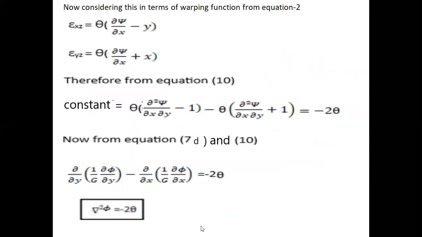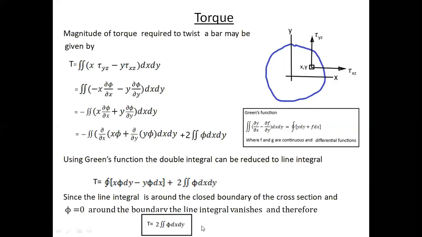So from equation 7d, we substitute minus del phi by del x for tau yz, times x, and minus del phi by del y for tau xz, times y, and dx dy. So we take the minus out and have the double integral of x del phi by del x plus y del phi by del y dx dy.